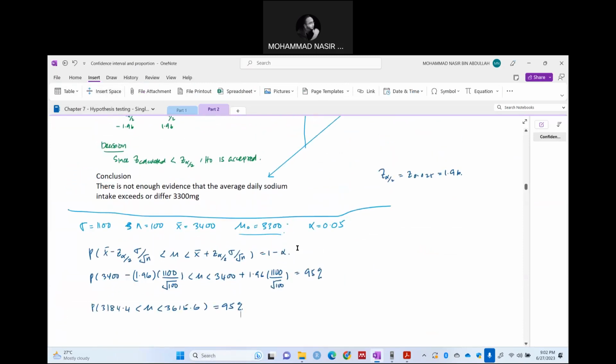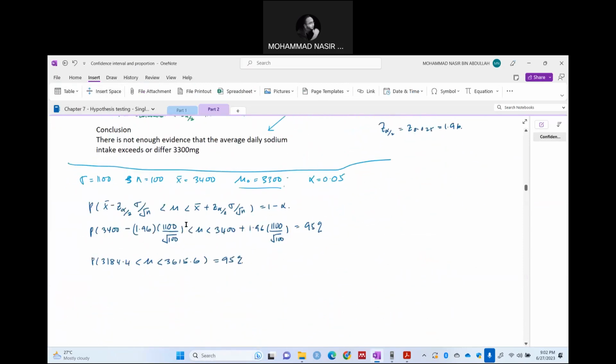So our estimate just now is x bar is equal to 3400, right? So 3400 is inside the interval. So since the value of x bar is inside the interval, our claim 3300, right? Is our claim 3300 inside the confidence interval? So it means that there is no significant difference, right?